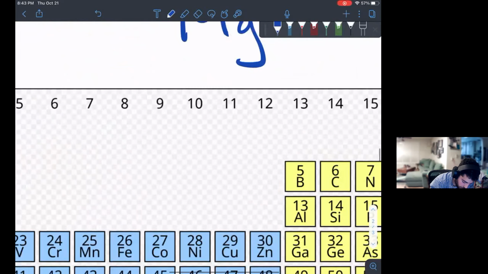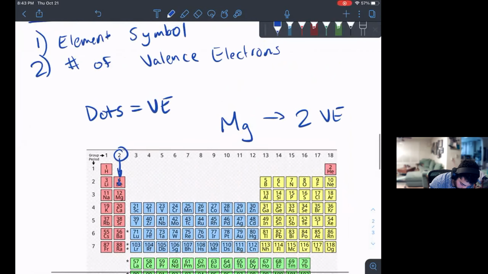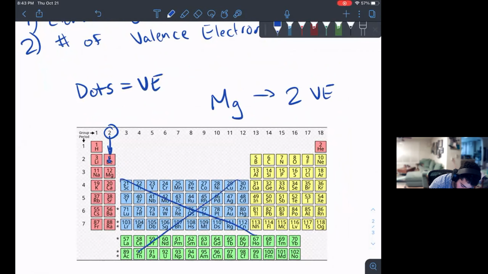If I scooched on over, well, here's the first big thing. We're going to forget the transition metals for now. I'll use a color that will actually show up. Forget the transition metals. And we're just going to look at the main group elements. So what we can see is if we just take whatever the group number is for at least 1 and 2, these all have 1 valence electron.